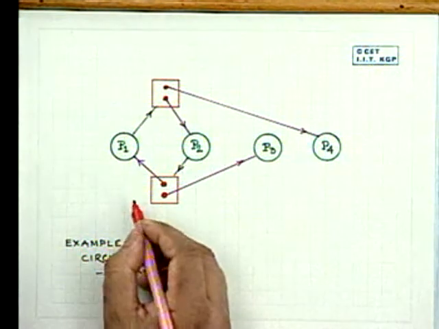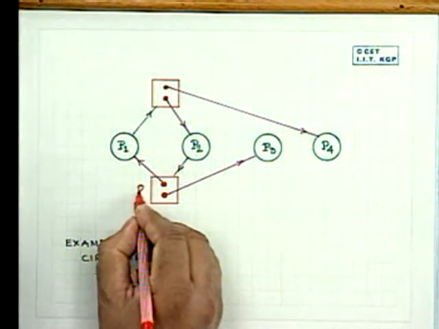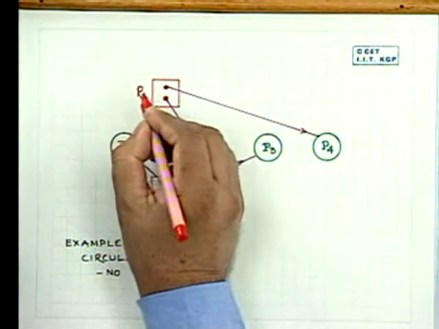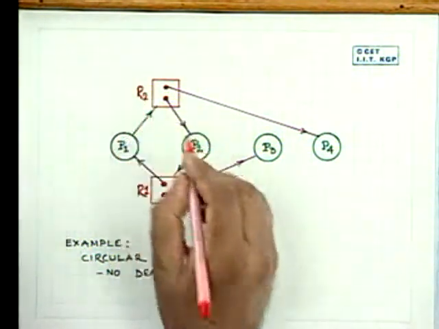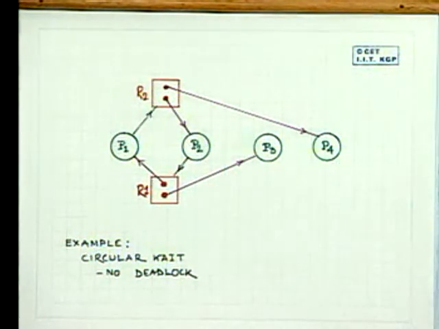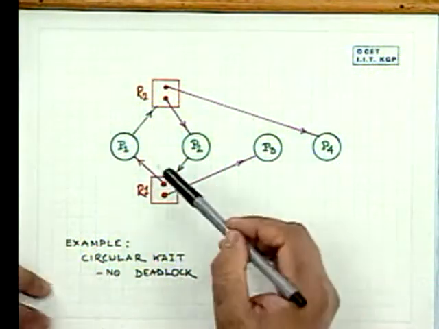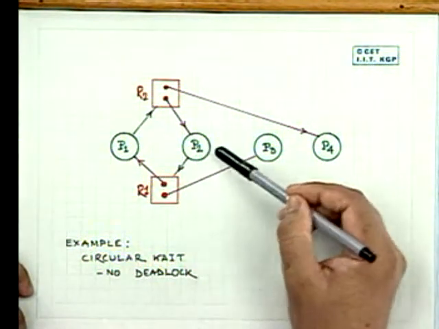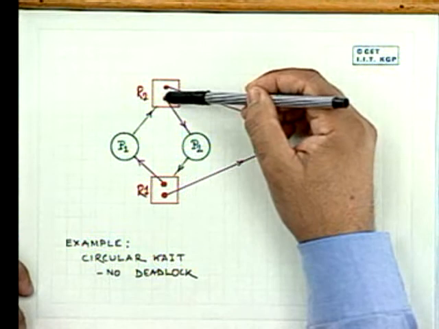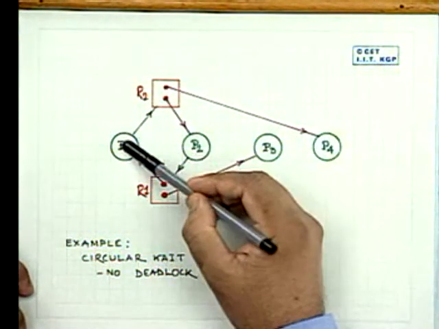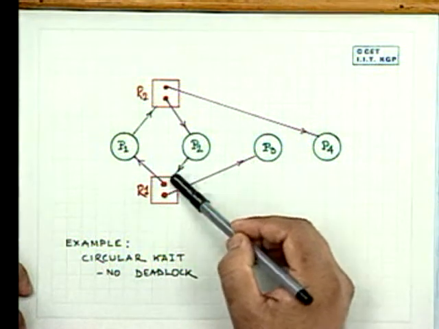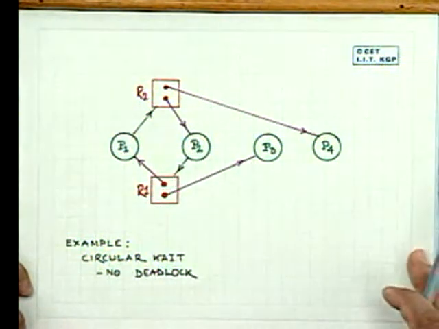Say this is a resource type R1, and this is a resource type R2. Here you see that P1 is holding an instance of R1, P2 is holding an instance of R2. Now P1 has requested an instance of R2 and P2 has requested an instance of R1, right.